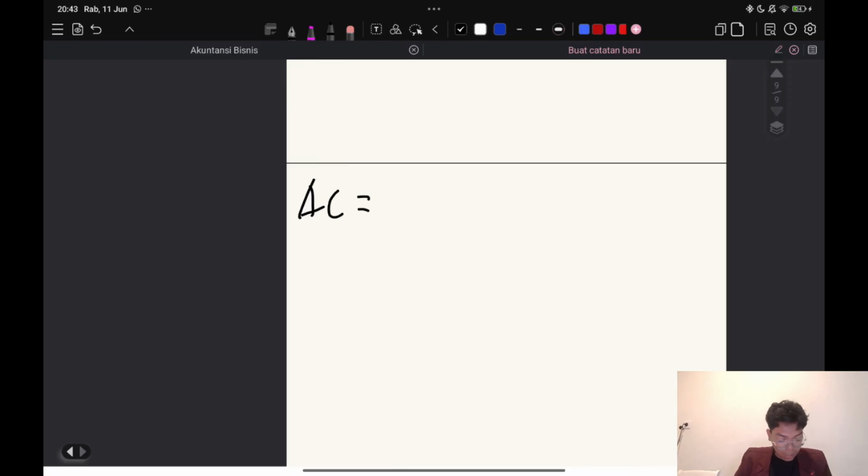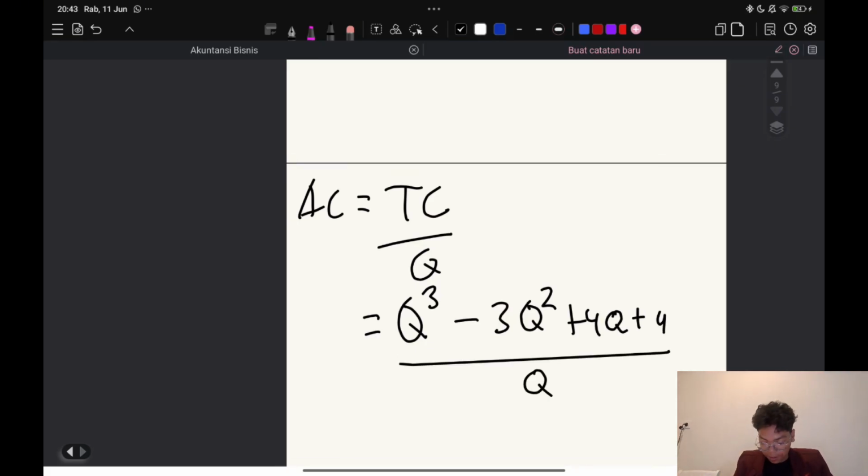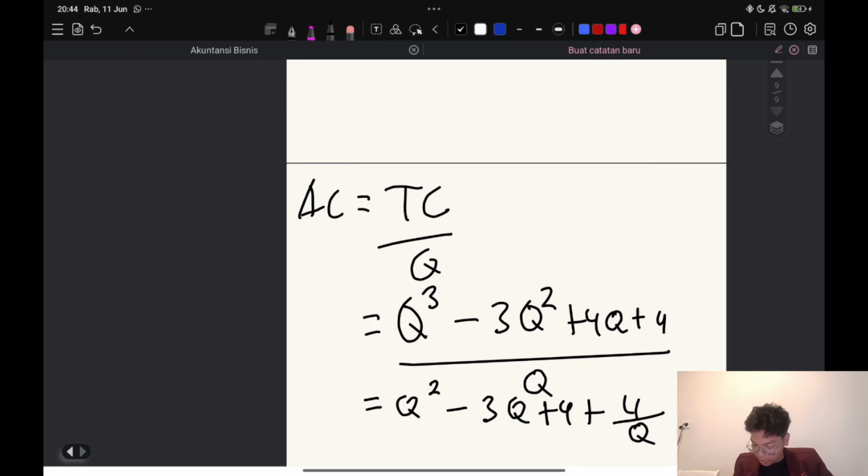Average cost, use the formula total cost per q, and use the exponent: q^3 - 3q^2 + 4q + 4 per q, and the answer is q^2 - 3q + 4 per q.